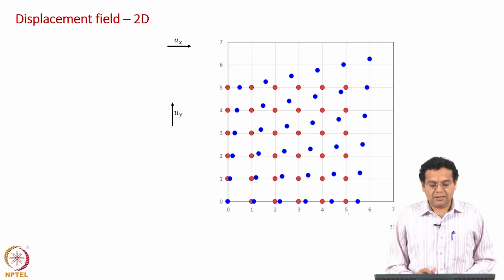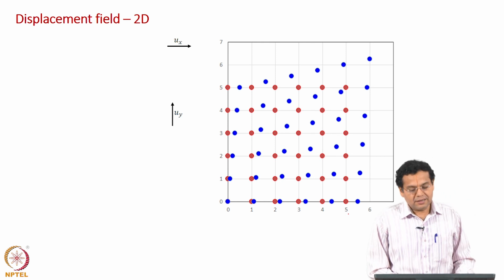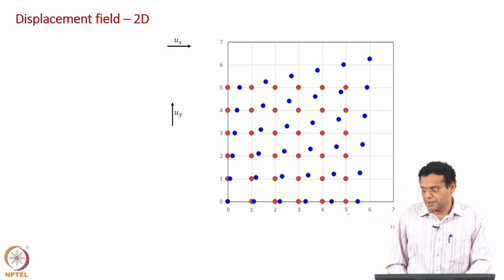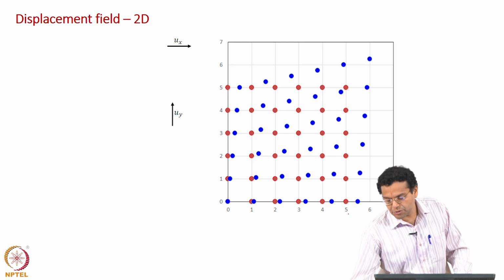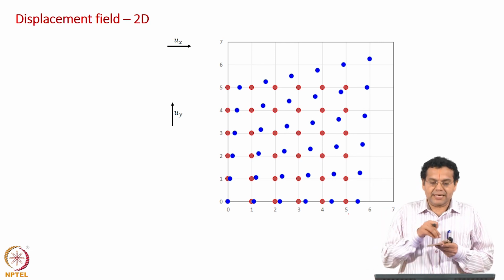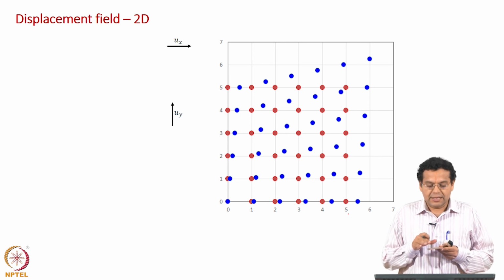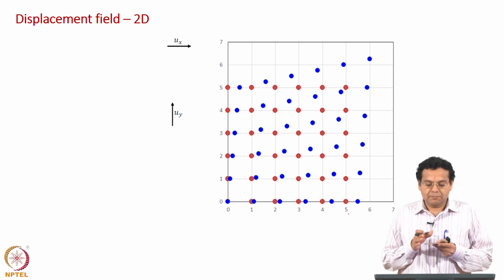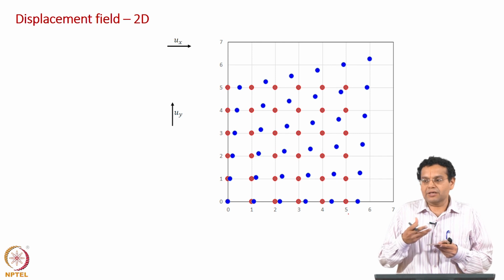So, just to recall the discussion earlier, what is the displacement field? What is shown here? The red dots represent some points identified or particles identified in a 2D plate like this, in the initial state and undeformed state. You apply a force, it deforms, goes to final state or deformed state.